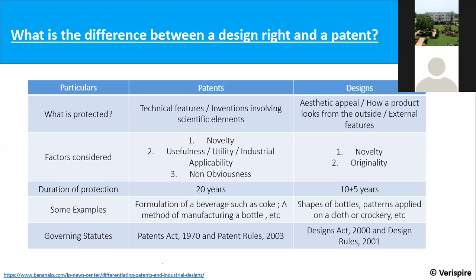Some examples of patents can be the formulation of a beverage, a dyeing machine, your mobile phone, a washing machine, the practical utility of a product. And in design, we only consider shape, patterns, the overall look.